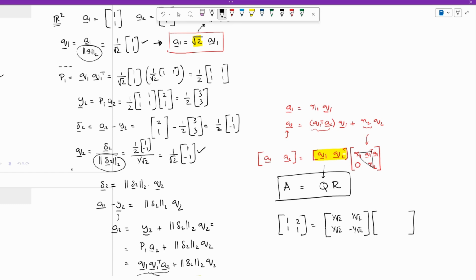The first column is easy. What is the first column? Here, R1 is root 2. What about the second one? You compute it and tell me the elements of the second column.